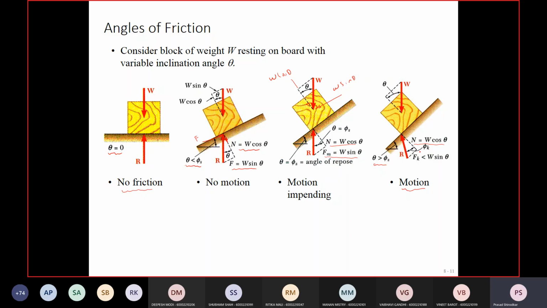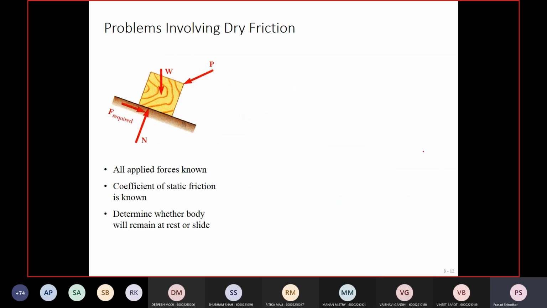Now let's see what happens when the system is inclined and a force P is applied. What kind of problems will you be solving? In the first case, all the applied forces are known and the coefficient of static friction is known.